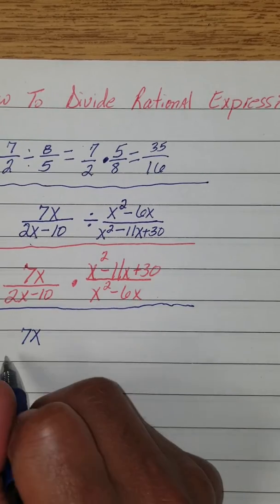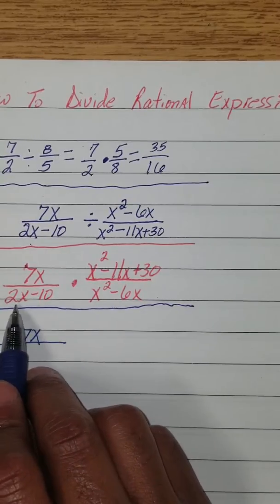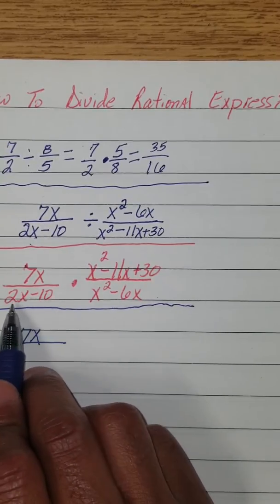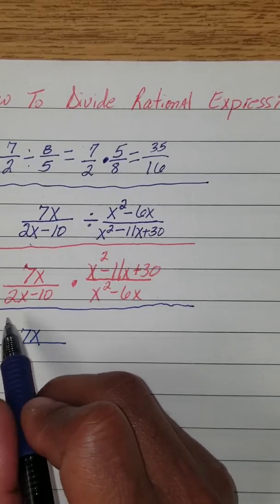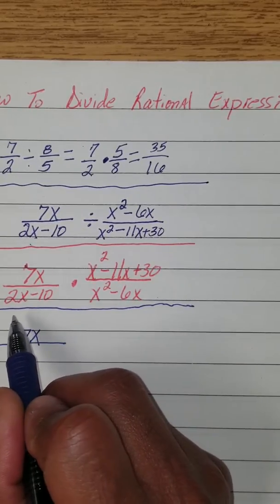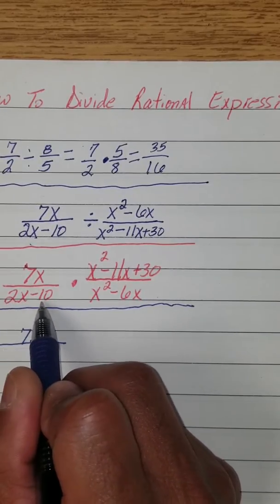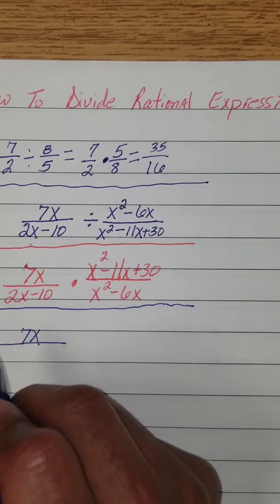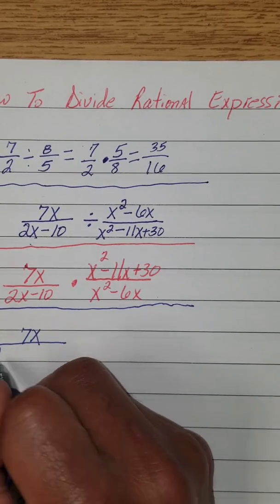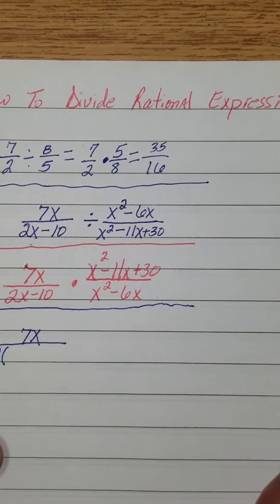7x over, I notice here I have a binomial. Binomial means two terms. I have two terms here that I can look at to see if I can find a common factor. I want to take out the GCF if possible, the greatest common factor. Here the greatest common factor between 2x and negative 10 is 2. 2 is the largest number that I can divide into both 2x and negative 10 evenly.